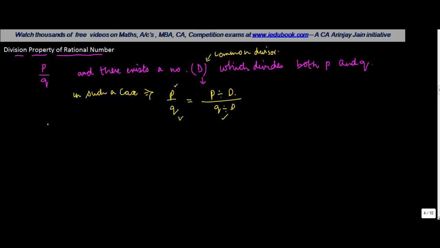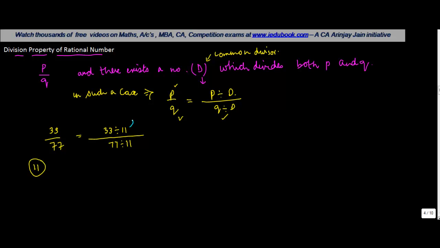Okay, in other words, let's say suppose you had 33 upon 77, right? Now if you notice, both these numbers are divisible by 11, right? So 33 upon 77 will be equal to 33 divided by 11 upon 77 divided by 11.